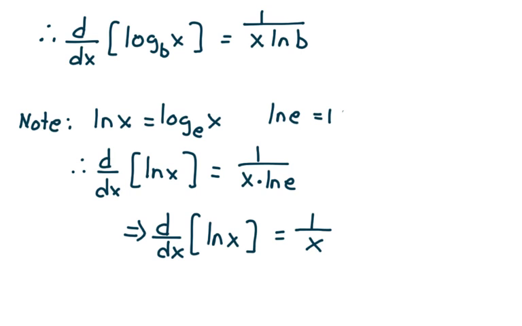And so therefore the derivative of natural log of x with respect to x is equal to 1 over x times natural log of e. And so therefore the derivative of natural log of x with respect to x is equal to 1 over x, because remember natural log of e is 1. Okay, and we're going to need that.